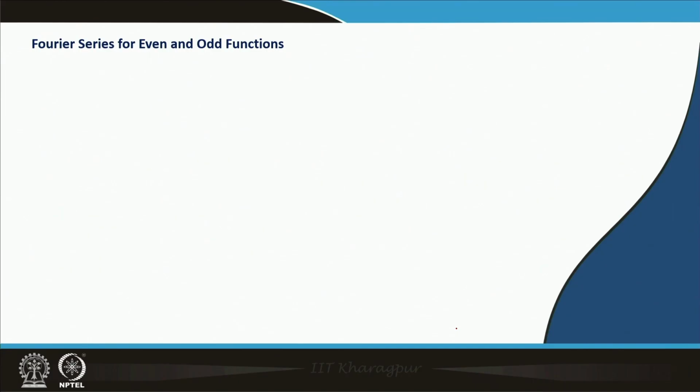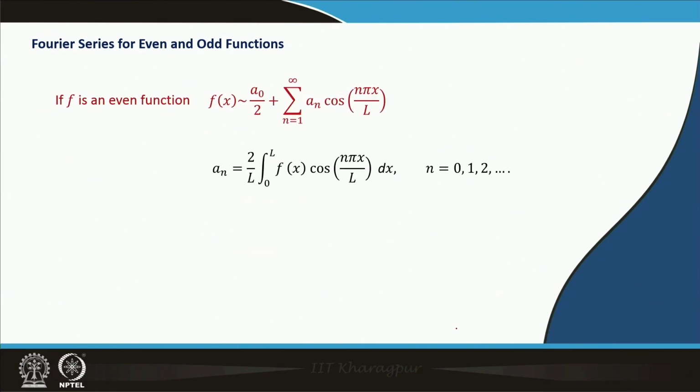In the last lecture we have already seen that the Fourier series for even and odd functions can be simplified.